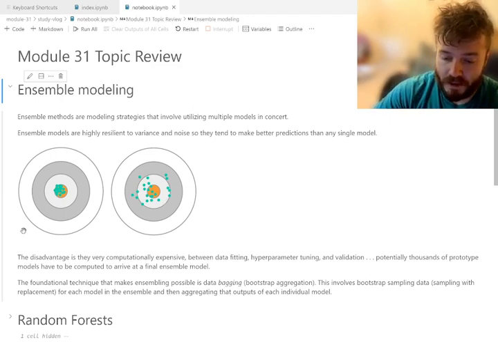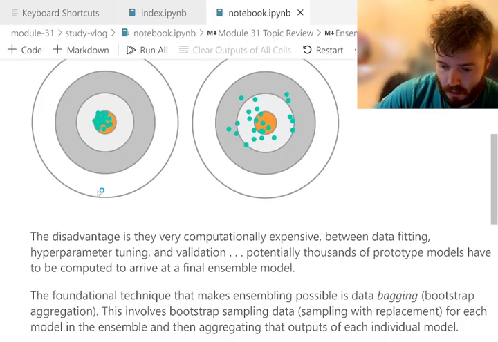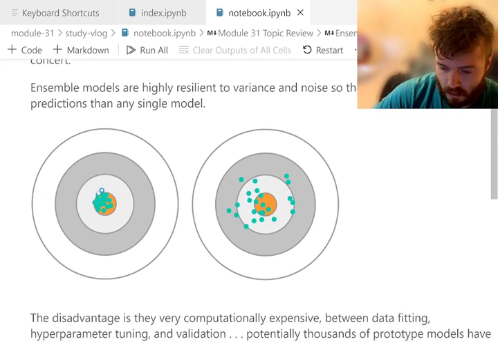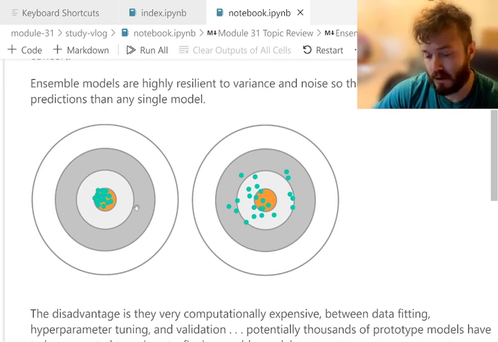If you see this visualization right here with these targets, this really demonstrates well what's going on with ensemble models. You might have one model that's highly precise or highly accurate, which is what's represented by this target on the left.